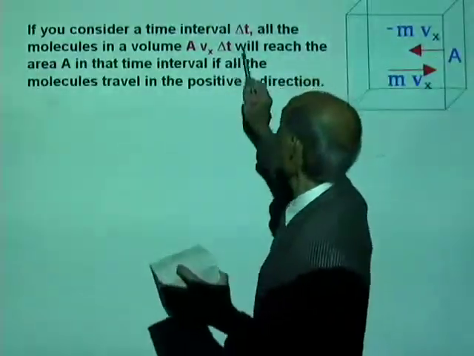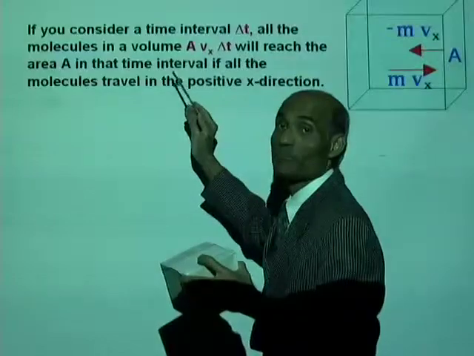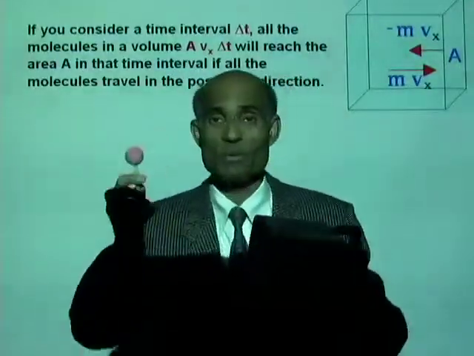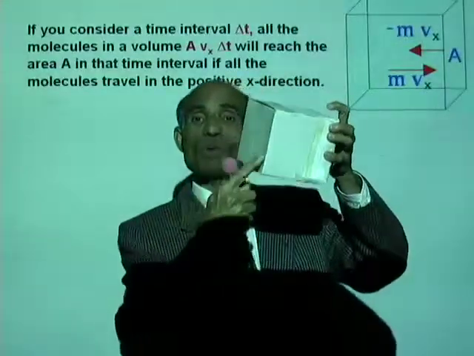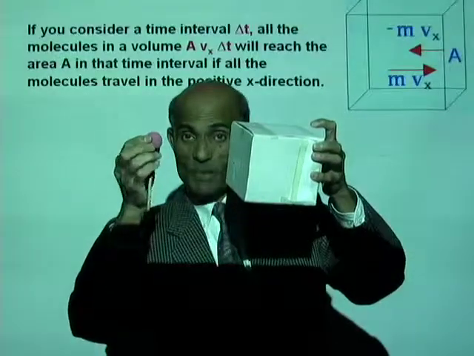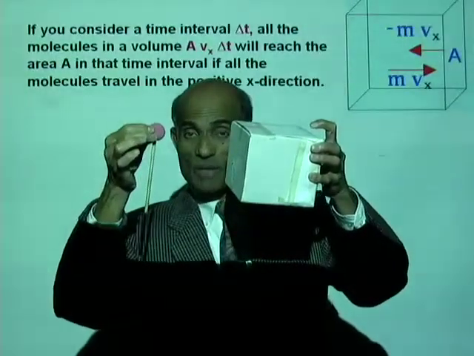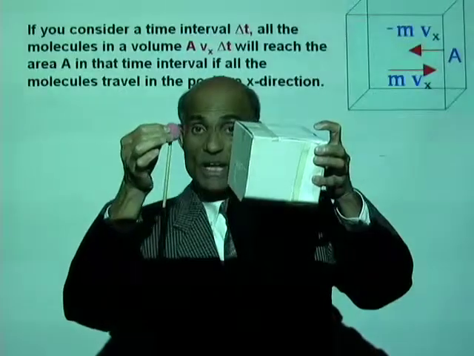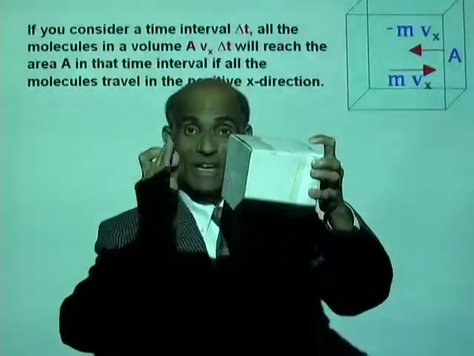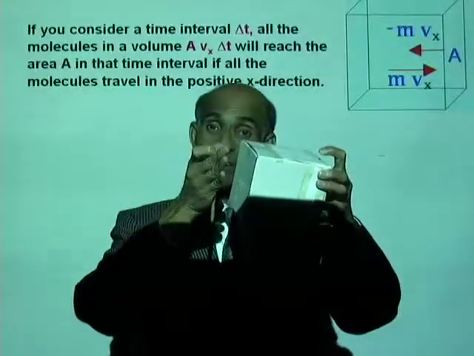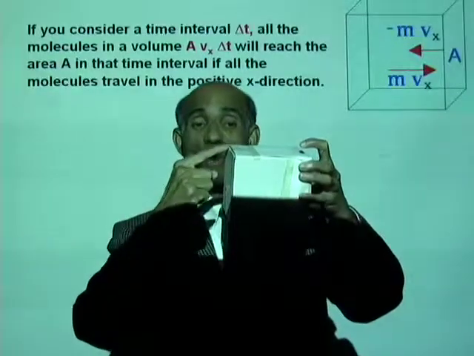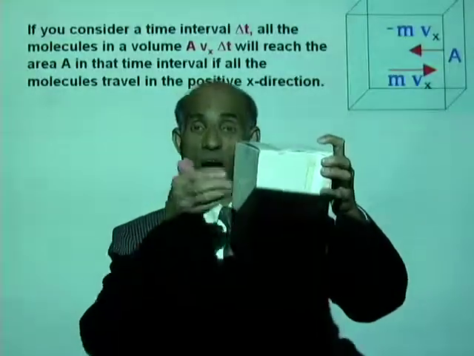So if you consider a time delta t, look at the volume A Vx. What does A Vx tell you? A is the area of the box wall. Vx is the velocity of each molecule. So if this molecule is going to reach the wall in 1 second, that means all the molecules along with it and in front of it will also reach the wall during that time. So the volume is A times Vx.